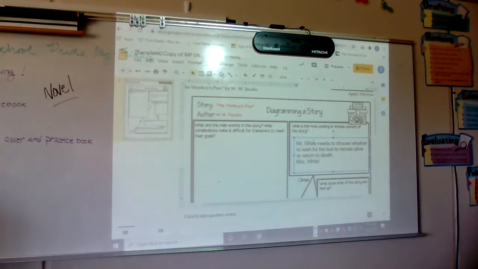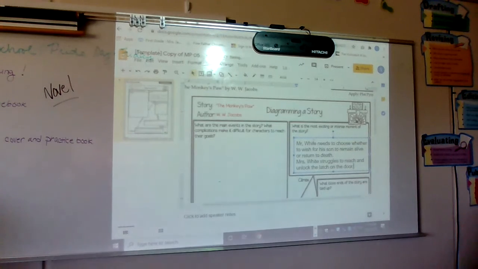Because he maybe didn't wish for his son to die. He maybe wished for things to go back to the way they were before he was alive. But would his son still be dead? Yeah. Why did he really want his son to be alive and not mangled?